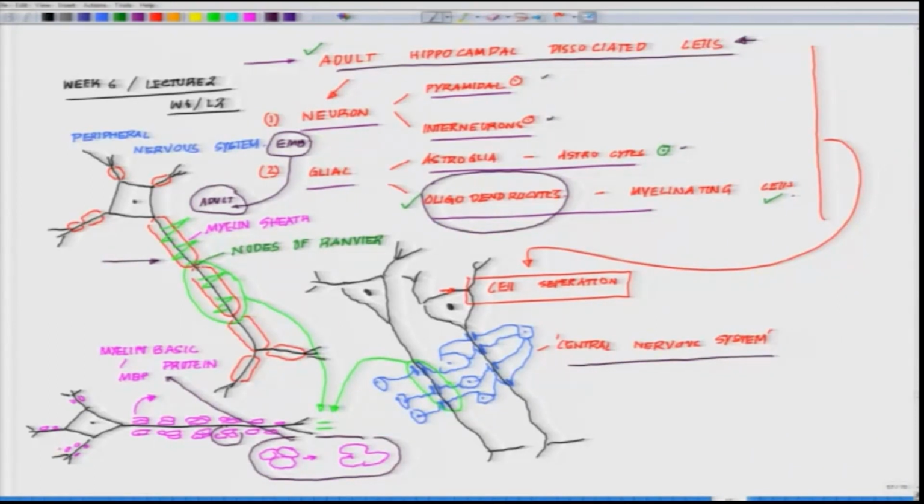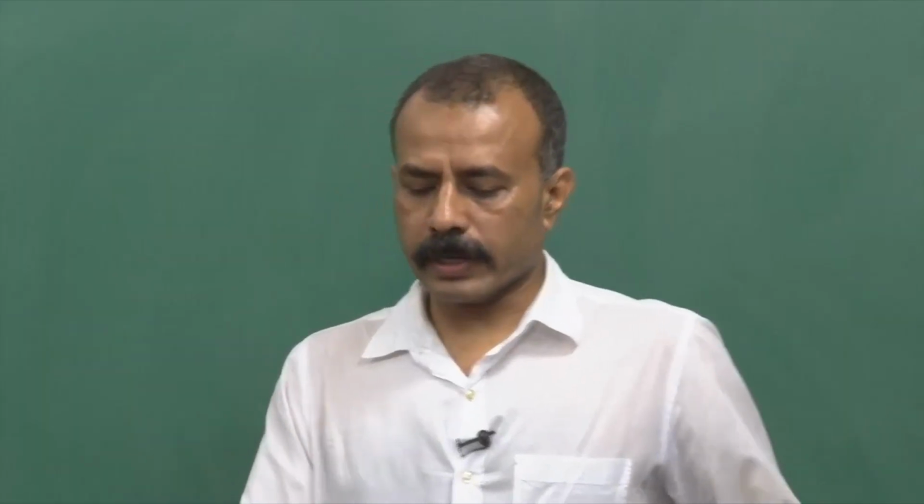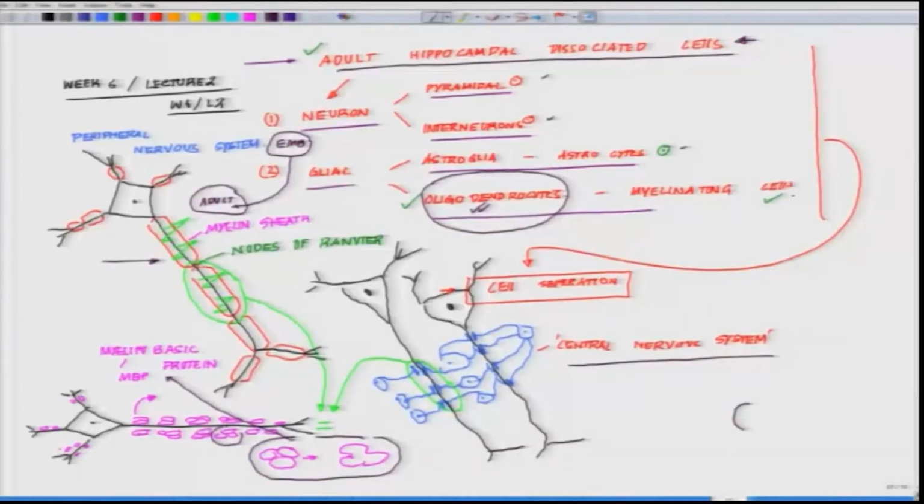In the central nervous system, the myelination is carried out by oligodendrocyte, and the way oligodendrocyte works is that oligodendrocyte cells resemble something like this. Initially they look like this, and then they send out processes like this, multiple processes in multiple directions, very, very multipolar cells.